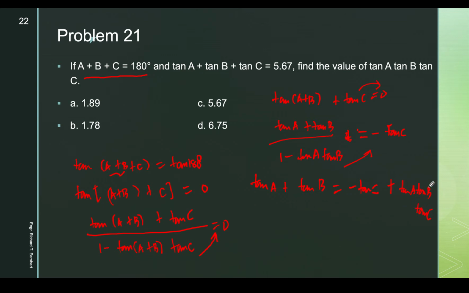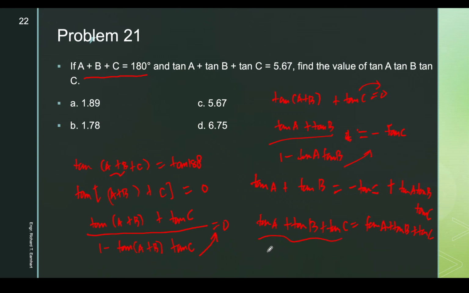But we're given that this sum is, so transpose this one, so we get tangent of A plus tangent of B plus tangent of C is equal to tangent of A tangent of B tangent of C. But this one is 5.67, no?